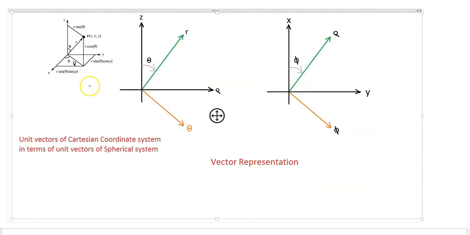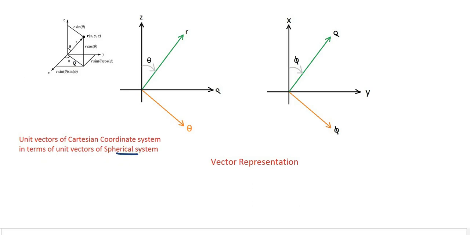Now we'll find the interrelationship between the unit vectors in the Cartesian coordinate system and the unit vectors in the spherical coordinate system. First we'll find the unit vectors of the Cartesian coordinate system in terms of the unit vectors of the spherical coordinate system. This is your z, this is your x axis, this is your y, and this is your rho.